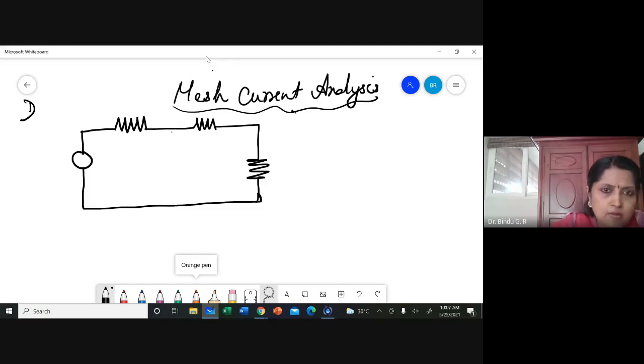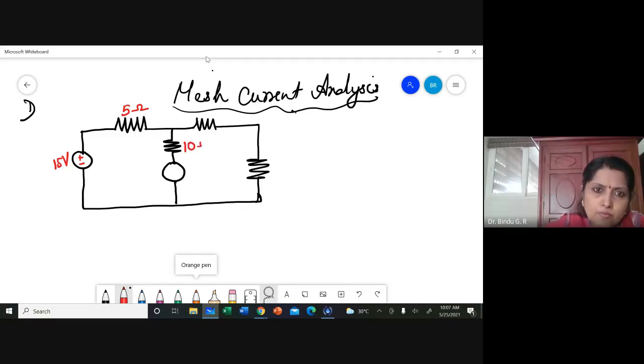Then I have another resistance and a source. 15 V, 5 ohm, 10 ohm, plus minus 10 volt, 6 ohm, 4 ohm. Okay.